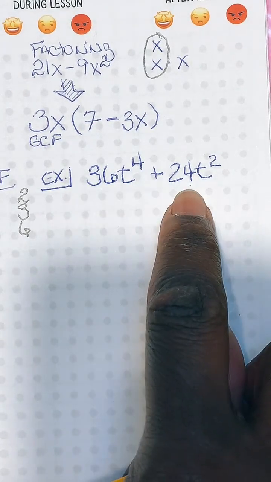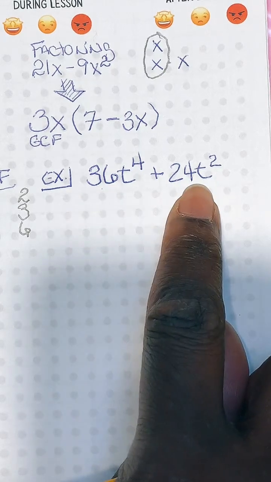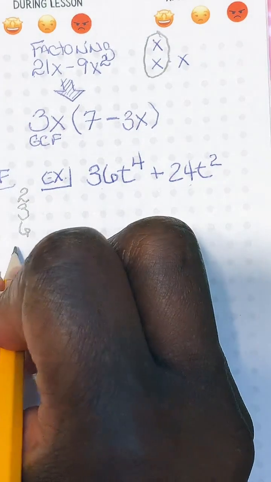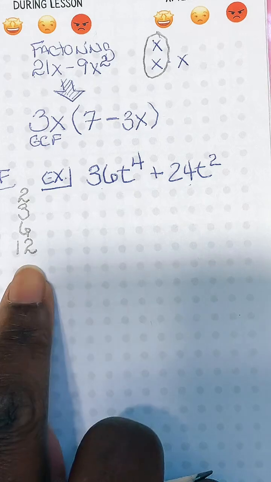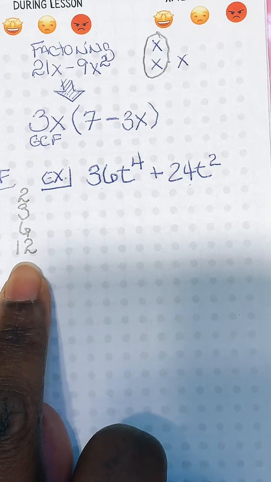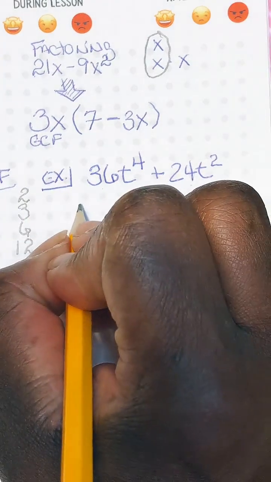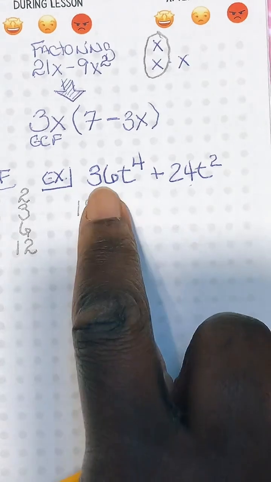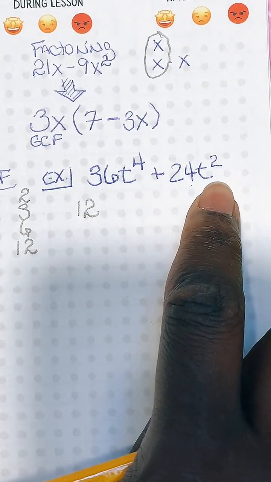Don't have 9 because of 24. Not 10s because they both don't end in 0s. Not 11 because they're not in double digits. But we also have 12. So the greatest is going to be our 12. Now, if I take my 12, that'll be for the numbers. But what about for the variables?